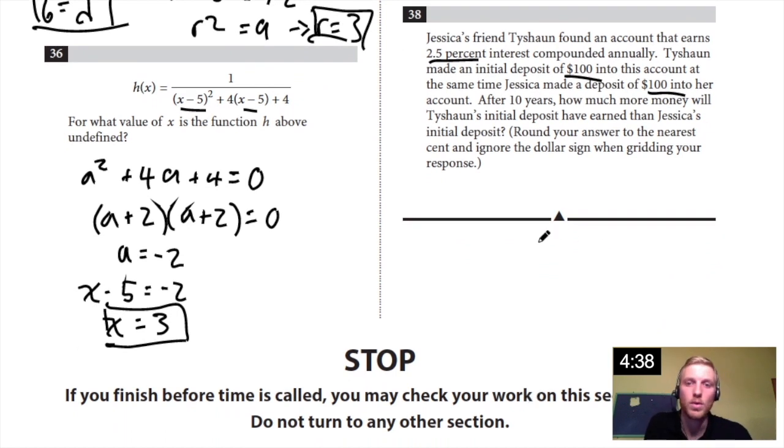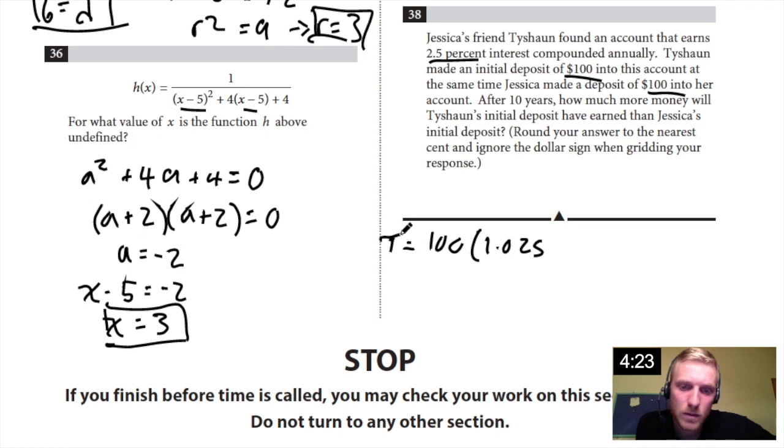Round your answer to the nearest cent. Let's find out how much Tyshawn earned. We can say 100 times 1.025, and I'm going to use a T for Tyshawn. T is equal to 100 times 1.025 to the 10th, since it's 10 years in both.